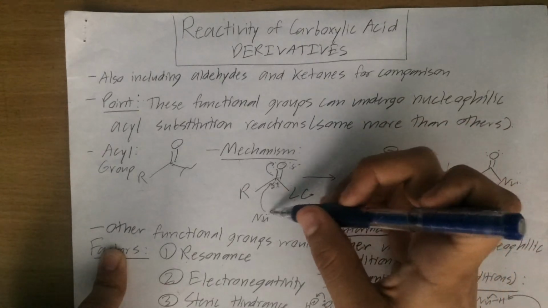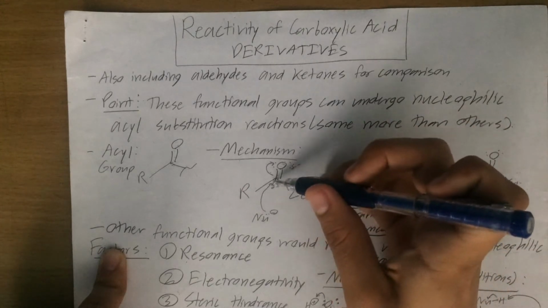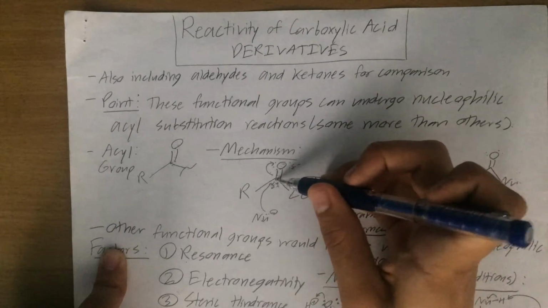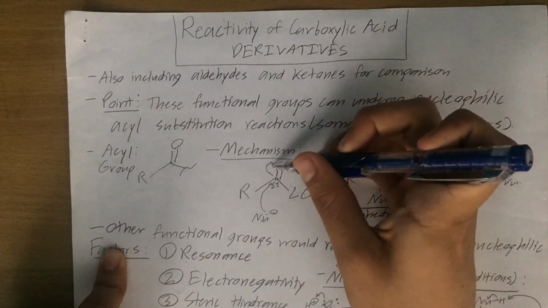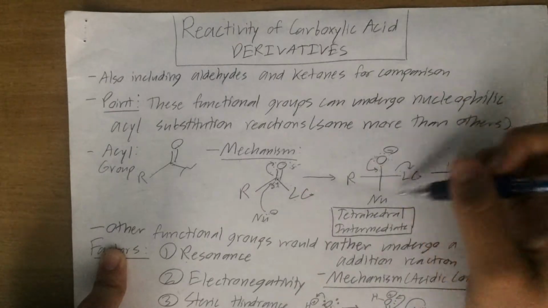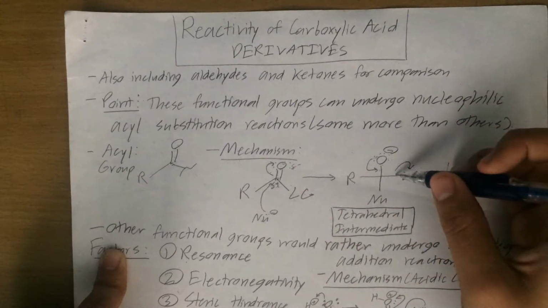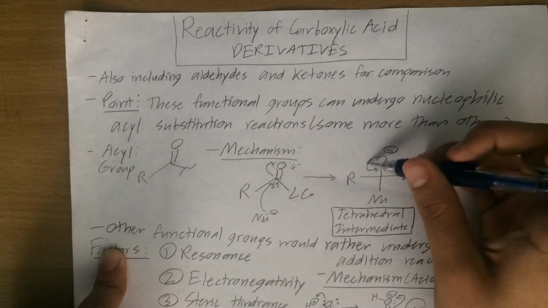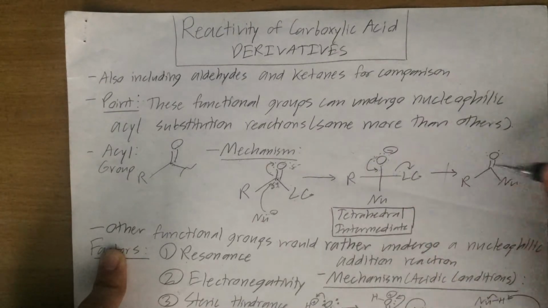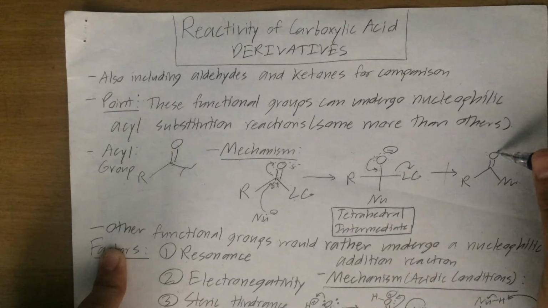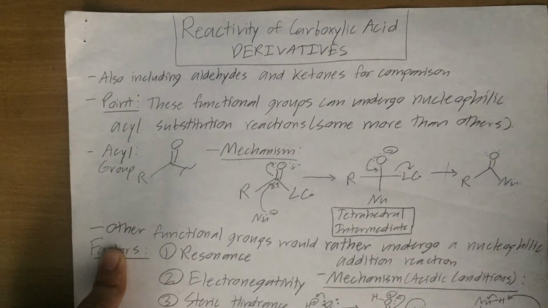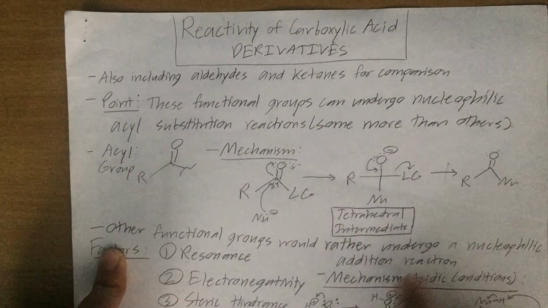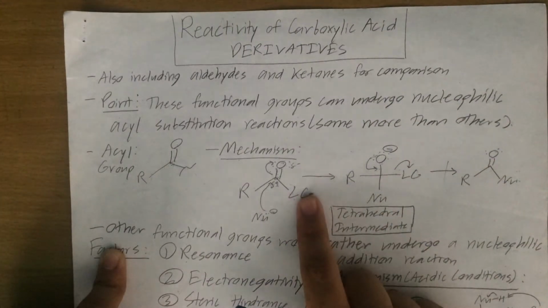Let's say we have a negatively charged nucleophile that wants to attack the electrophilic carbonyl carbon. As a result, some electron density gets pushed up. You have something called a tetrahedral intermediate, but then the leaving group is good at leaving, so it gets kicked off, and some of the electron density gets pushed over here. So you basically reform your C double bond O carbonyl bond.